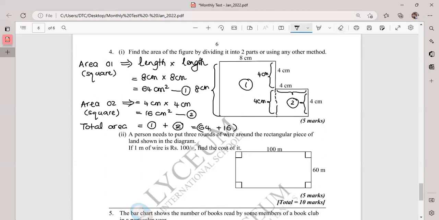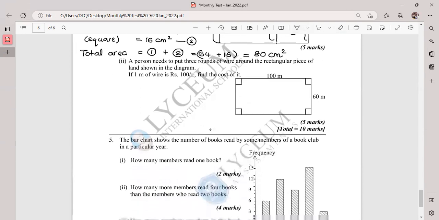What is the answer? 80 centimeters square. So to get the 5 marks, you want to write all these things in your answer script, right? So then the next one.